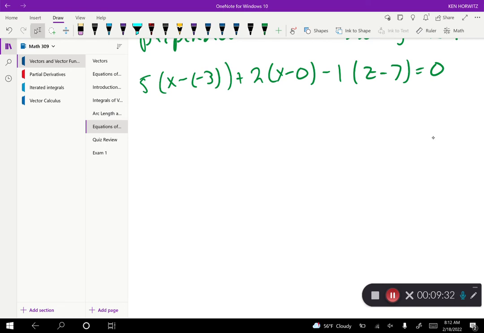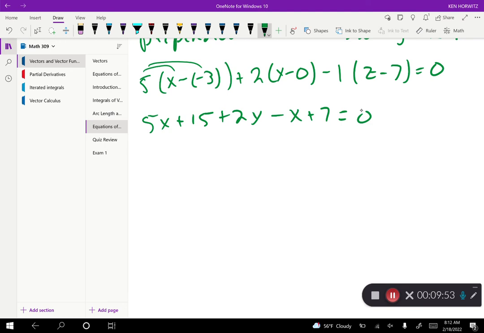All right, so minus minus is really a plus. So when I do my distributing, I'm just going to say 5x plus 15 plus 2y. And then I'm going to say minus x plus 7 equals 0.